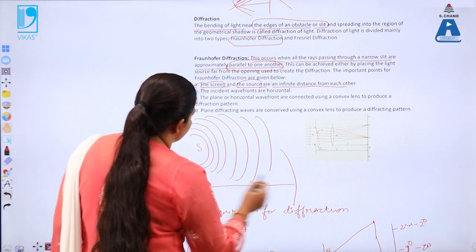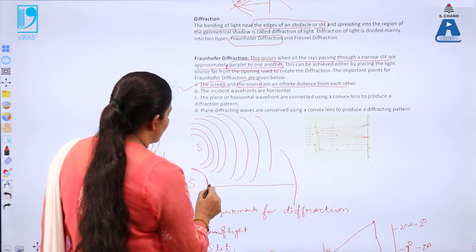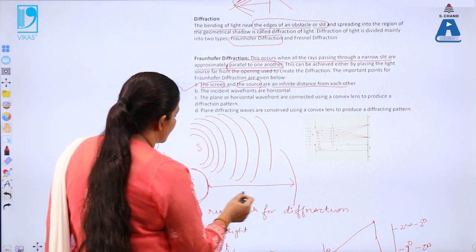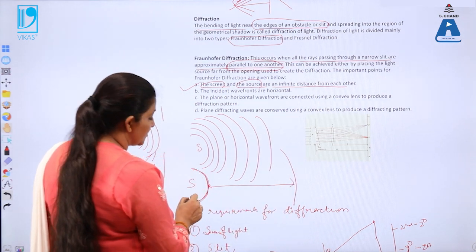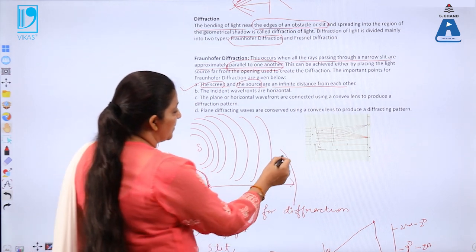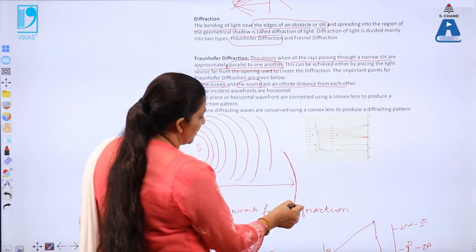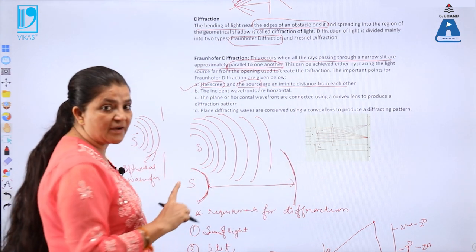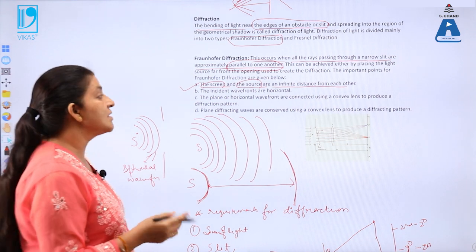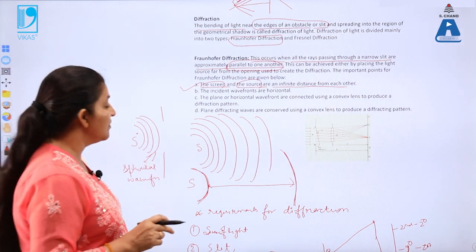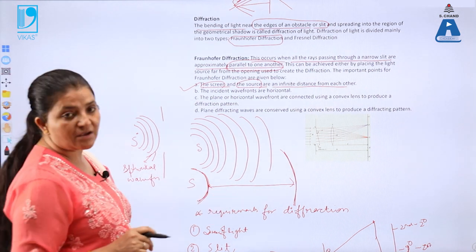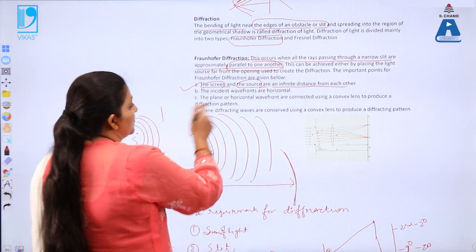So if this distance is quite large, the spherical wavefront becomes almost a plane wavefront. In order to make this experiment cost effective, the distance between them is taken to be infinity.